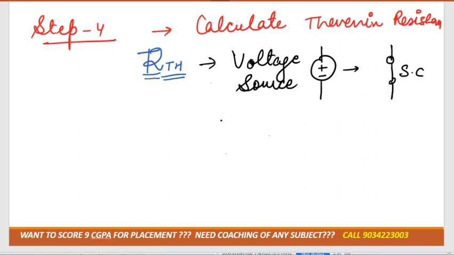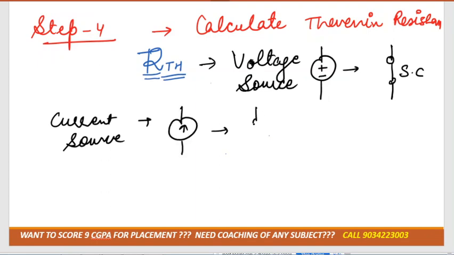But if there is a current source, then the current source must be an open circuit. So you have to remember this, voltage source must be short circuit. Short circuit means remove that source and connect a plain wire across that. Current source must be open circuit. Open circuit means completely remove it.